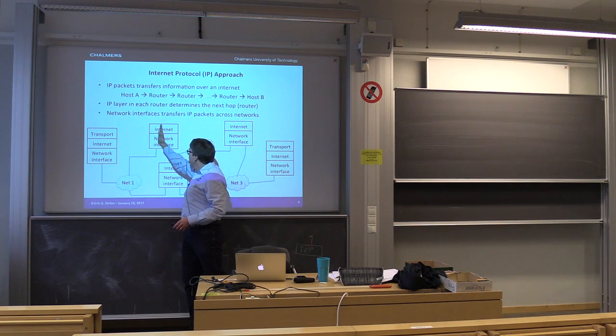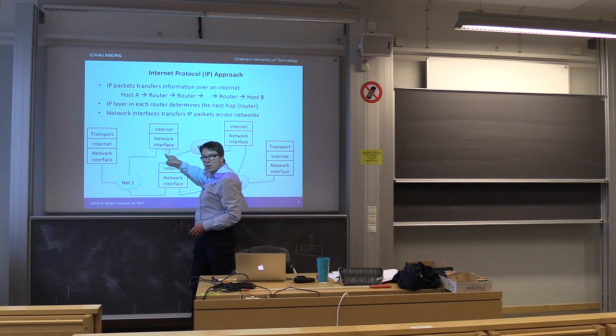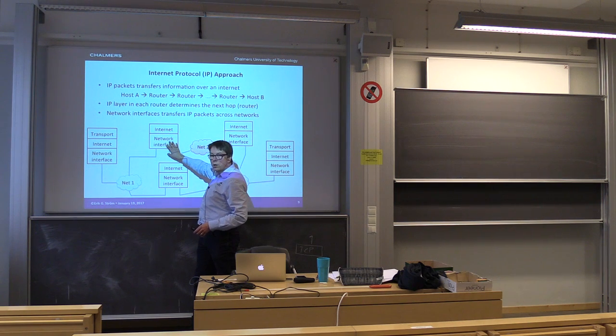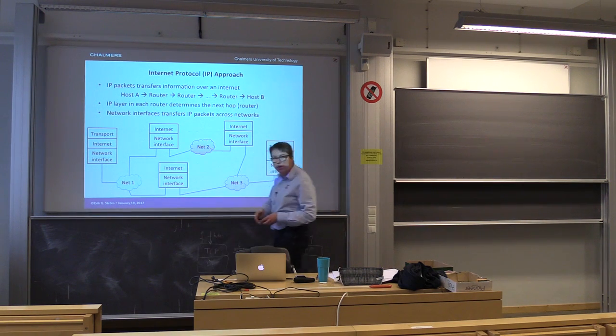So there is actually a vertical line here also, that we have a protocol stack to the left and a protocol stack to the right. But it goes up here and then across the internet layer and then down to typically possibly another network interface here, depending on the network technology in the two networks here.